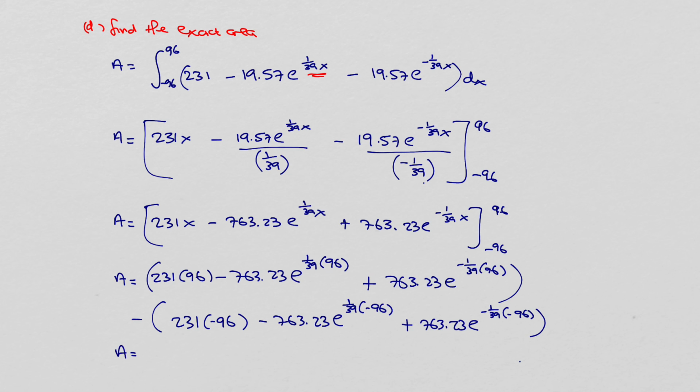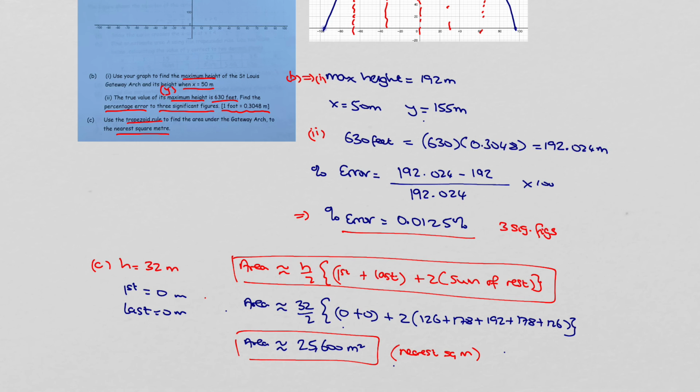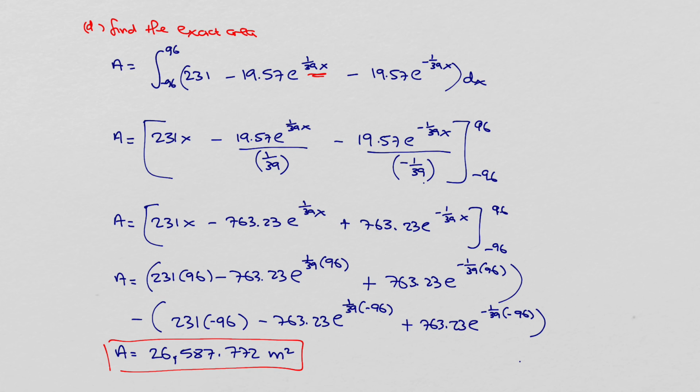Then put it into your calculator, and be very careful. And we end up with 26,587.772 meters squared. You can often be asked to compare the two. So you can see you get 25,600, a bit of an underestimate there with the trapezoidal rule, and the exact area is 26,587. So we'd have approximately 3.72% of an error there with the difference.